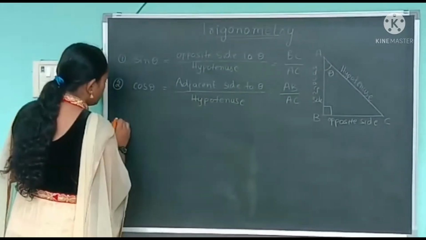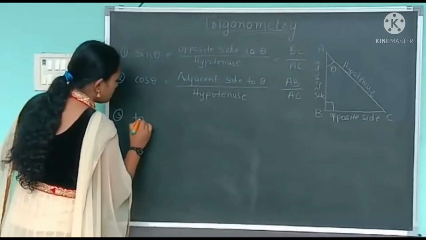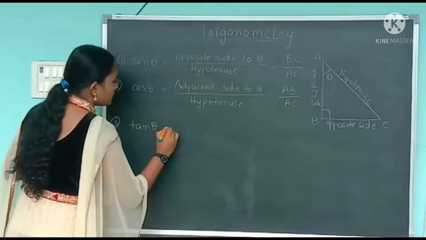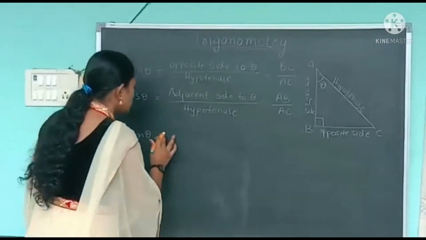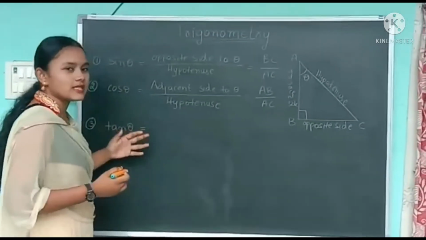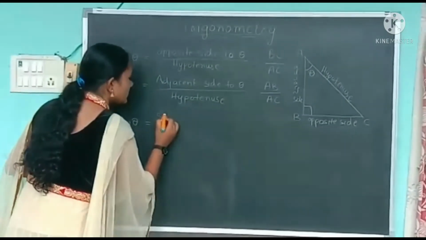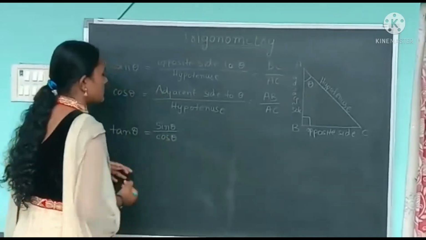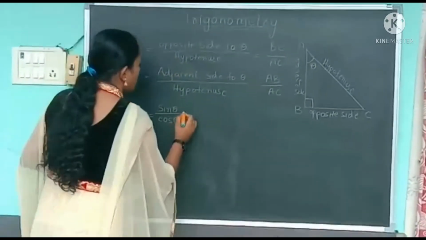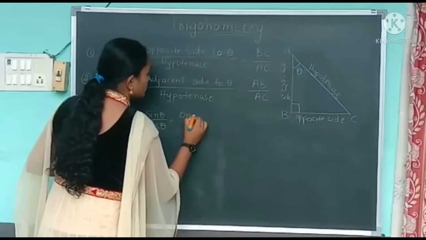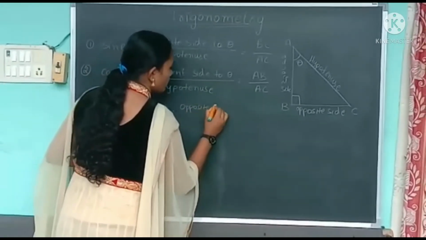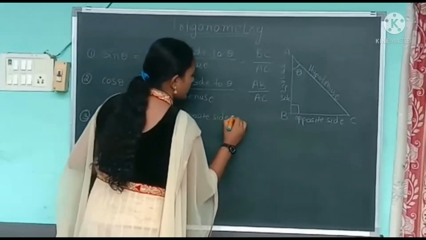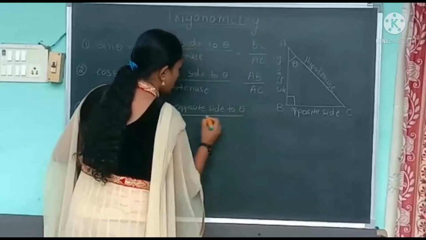And the third one, tan theta. What is tan theta? Tan theta is basically sin theta by cos theta. What is sin theta? The opposite side to theta by hypotenuse, right?